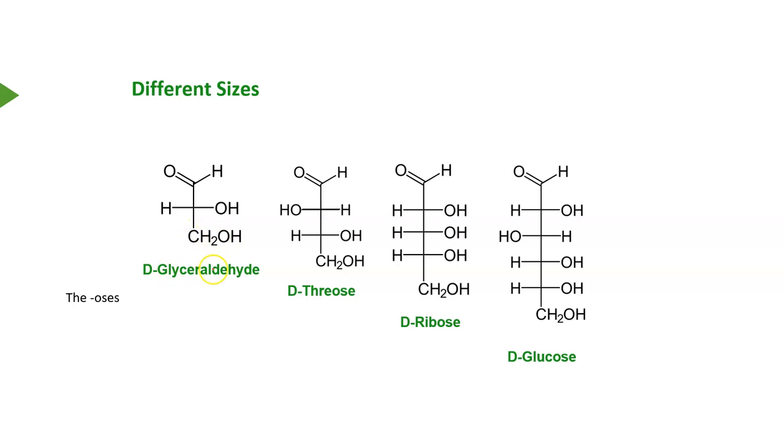So this is a glyceraldehyde. Here is another group that has 4 carbons, threose, and then 5, ribose, and 6, glucose. These are examples of chains getting longer and longer. You'll notice we have the oses as well, so you can also say this is a triose, tetrose, pentose, hexose.